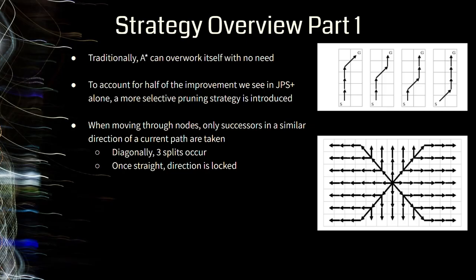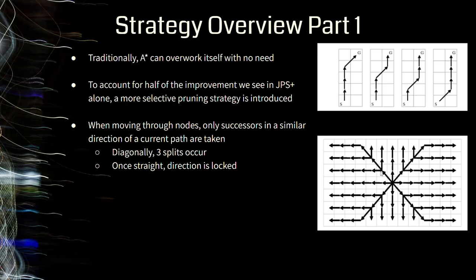To account for half the improvement that we see in Jump Point Search Plus alone, a more selective pruning strategy is introduced. So when moving through nodes, only successors of similar nodes in the direction of the current path are taken. So if we're going diagonally from the north to the northeast node in the center, on the graph in the bottom right here, we then extend either north or east.